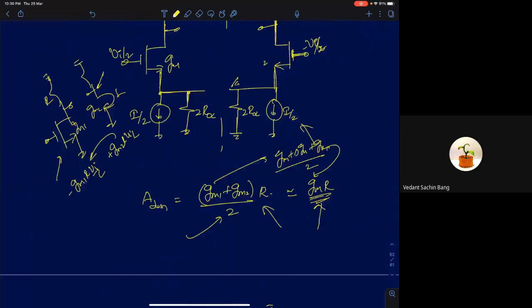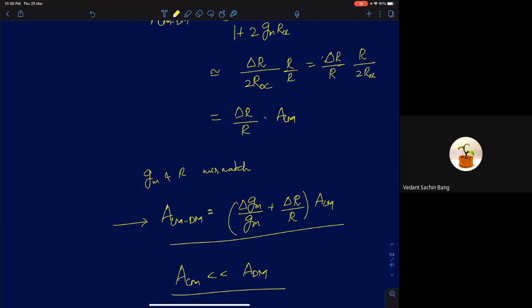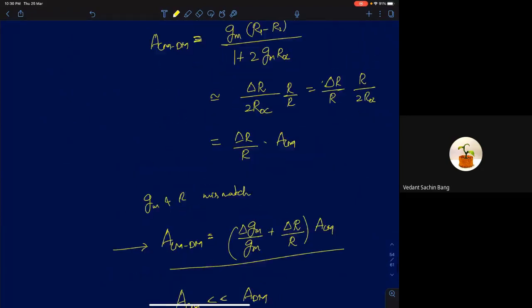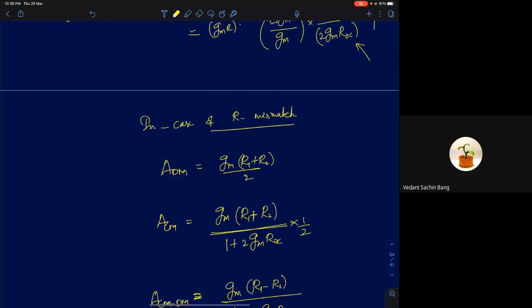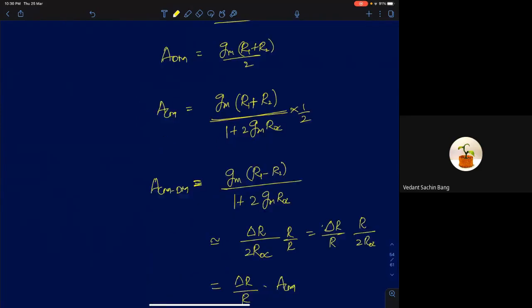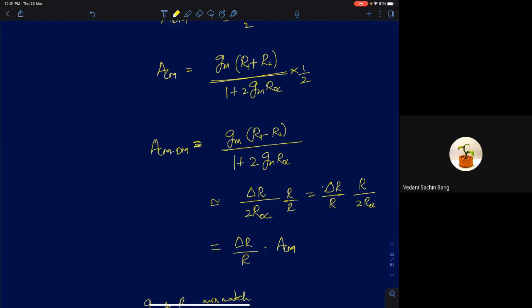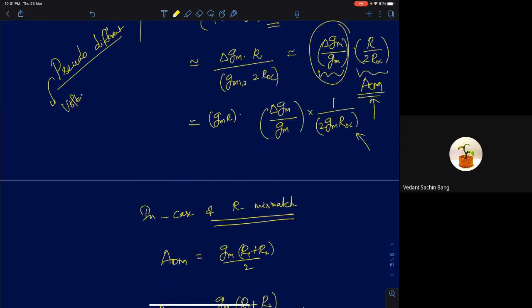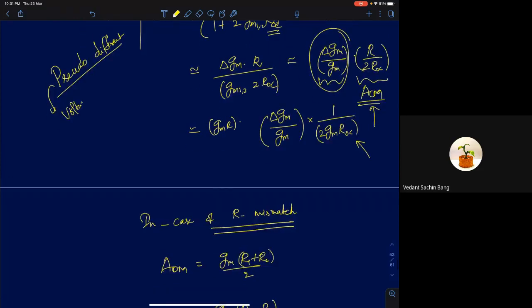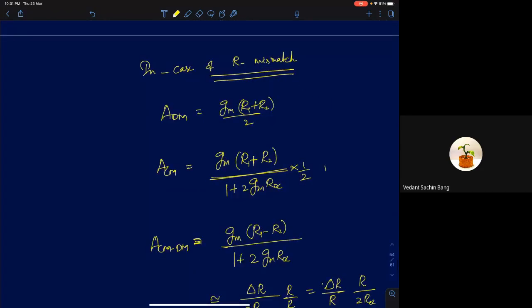So that's it for today's class. I'll just sum up the facts here. I have not analyzed resistor mismatch, but that's a very trivial extension of what we did right now. I'll leave it as an exercise for you to work out. You will get the same expressions as before. For example, the expression for ACM will remain more or less the same.